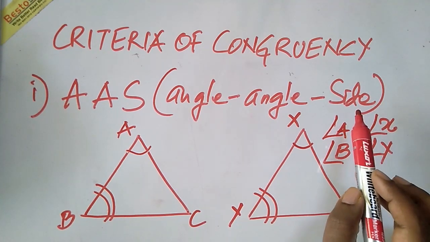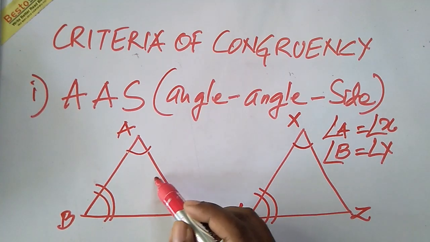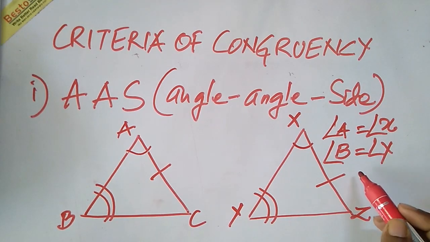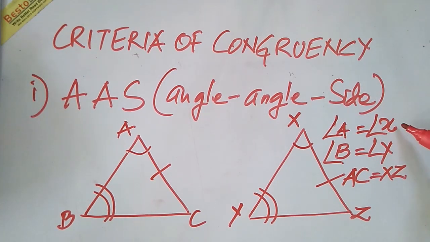The third point here is side. That means one of the corresponding sides should be same. Let's say that side AC and side XZ, these are corresponding sides. These two are same, so we can write it as AC is equal to XZ, right? Now you notice here that two corresponding angles are same and one corresponding side is same.